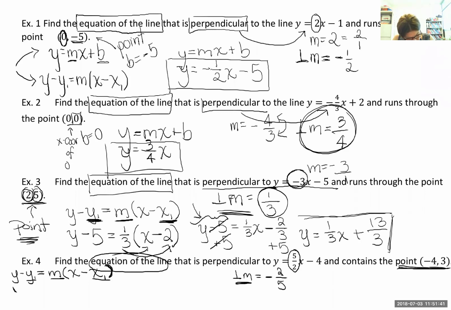So y minus the y coordinate of my point, 3, equals m, my slope, -2/5, times x minus my x coordinate, which is -4. Now notice I have a minus in my formula and I also have a minus in my number, -4.